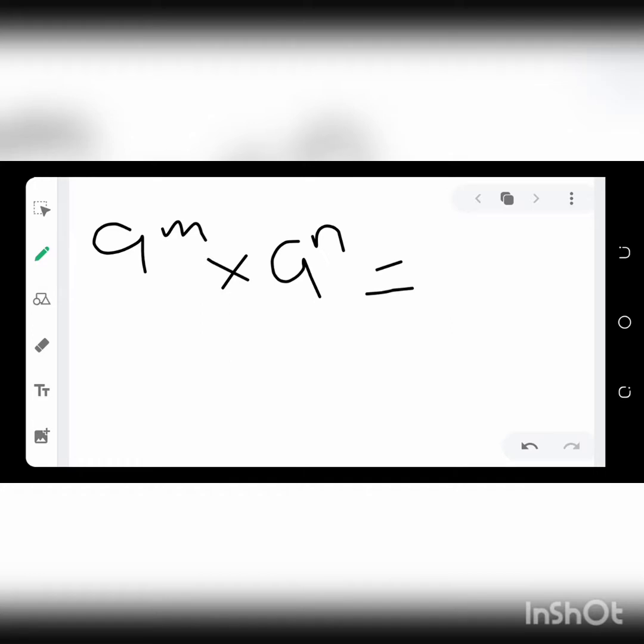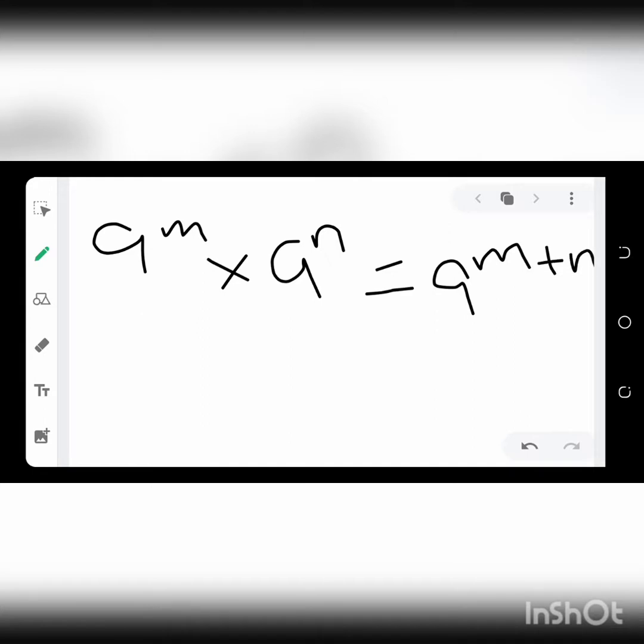While for addition, when the bases are the same, you multiply the powers, and for multiplication you add the powers. Then this becomes equal to a raised to power m plus n.